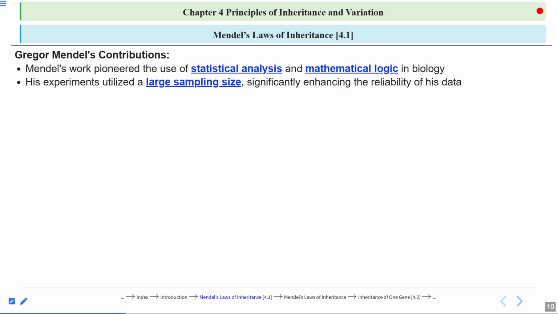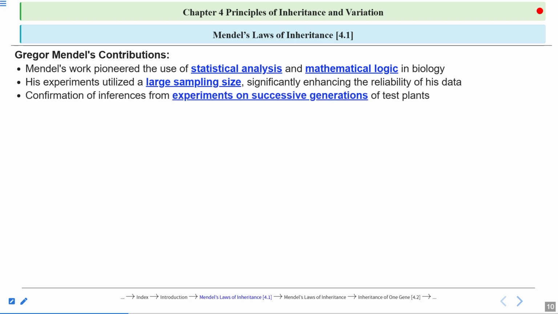So whenever an experiment is done, the sample size should be large. You should analyze more samples because if you analyze more samples, there will be a lot of variations.